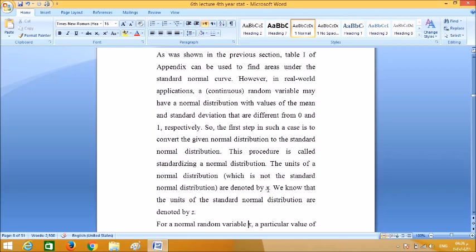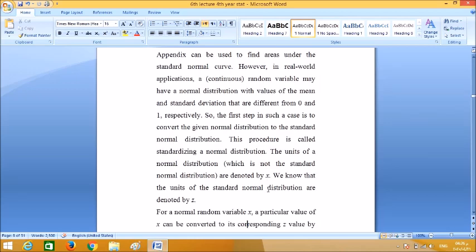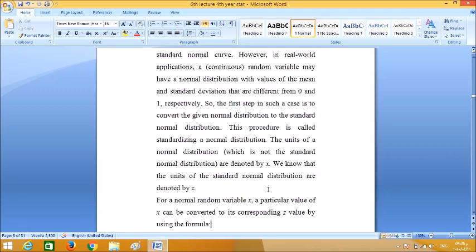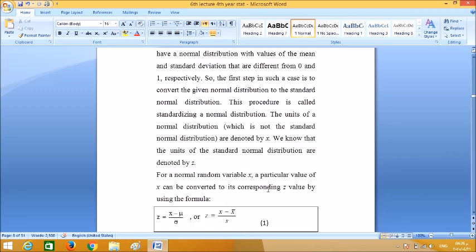For a normal random variable x, a particular value of x can be converted to its corresponding z by using the formula z equals x minus mu over sigma for a population, or z equals x minus x bar over s for a sample.